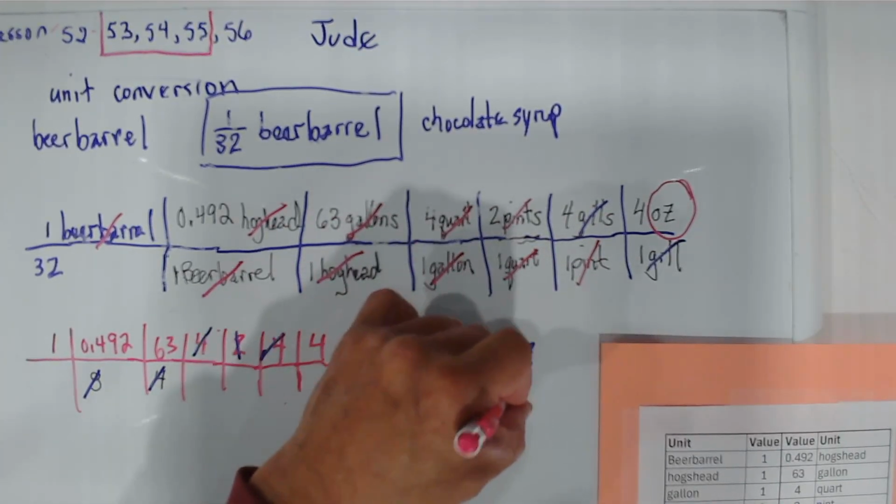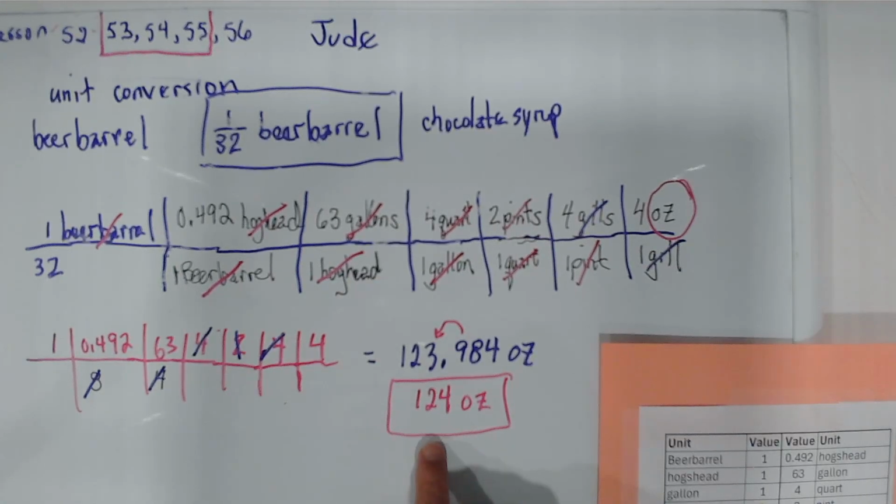Now, if 12 ounces is a full glass of a fluid like milk or something, let's say 12 ounces, if you divided this by 12, you get approximately 10 glasses, right?